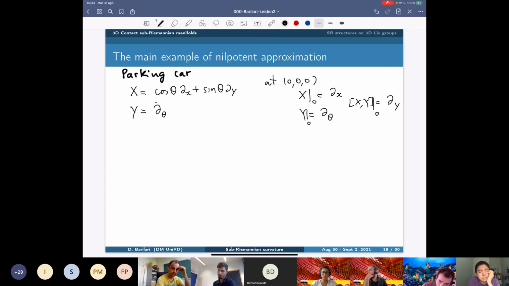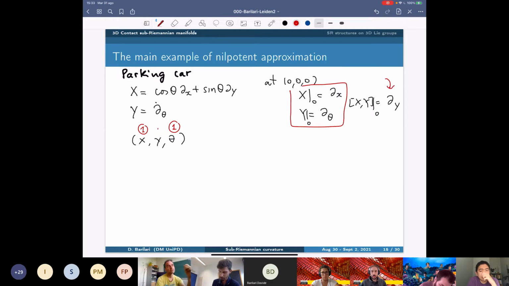So we want to do a kind of blow up at 0. It's a kind of Taylor expansion, but a little bit different, because if you consider the three variables x, y, theta, then these two will have weight 1 because they appear along the distribution, and this y, which comes as a bracket, will have a weight 2.